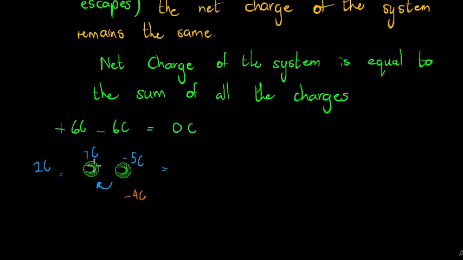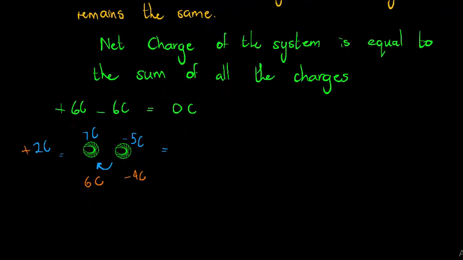So this one must still be, when I add them together, at negative 2, so this one will become 6 coulombs. And now you'll see when I add it together, I still have a positive 2 Coulomb charge. Okay, notice that.